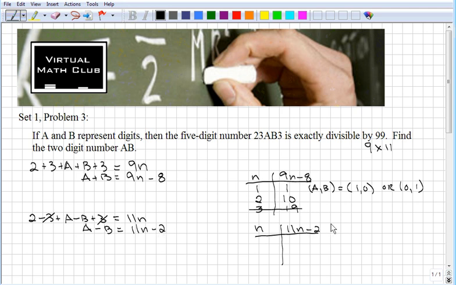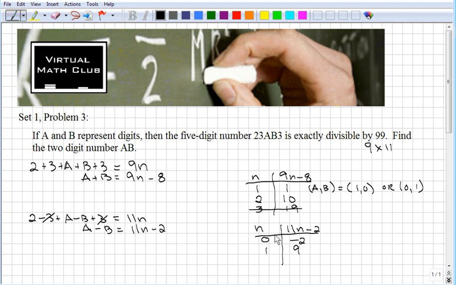So if we put 0 in here, we would get negative 2 for 11n minus 2. If we plug in 1, we would get 11 minus 2, which is 9.